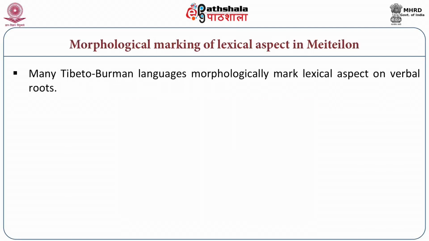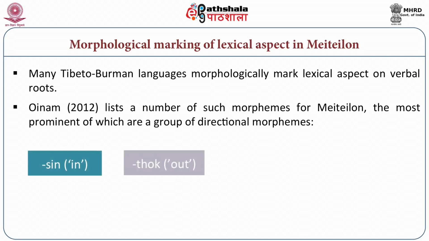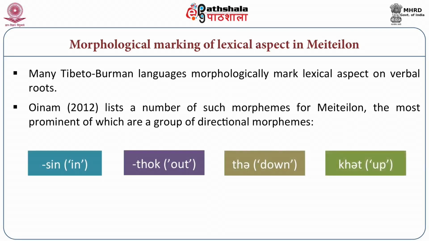Lexical aspect is marked on verbal roots in the Tibeto-Burman language Meiteilon. Oinam lists a number of such morphemes of Meiteilon, the most prominent of which are a group of directional morphemes: sin, which denotes the direction in; thok, which denotes the direction out; thet, that denotes the direction down; and khat, which denotes the direction up.